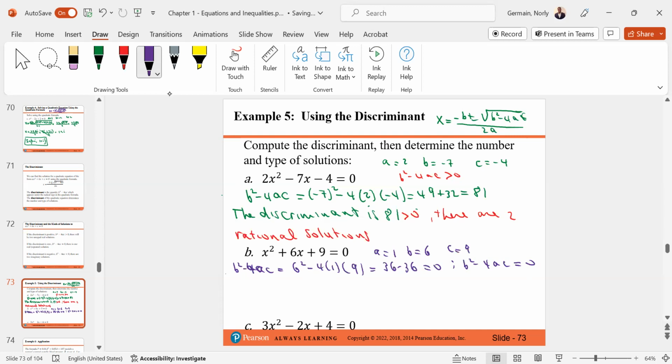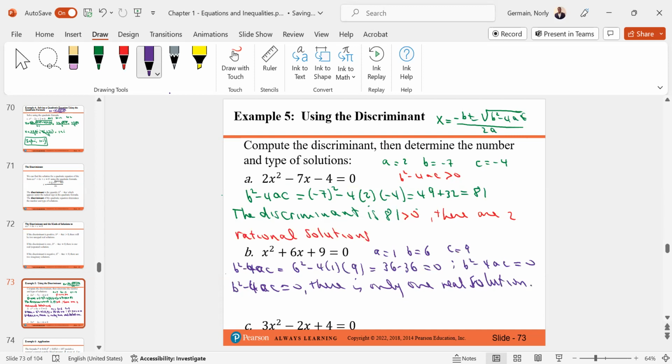Because the discriminant is equal to 0, there is only one real number solution. When b squared minus 4ac is equal to 0, there is only one real solution. So it can be a rational number.